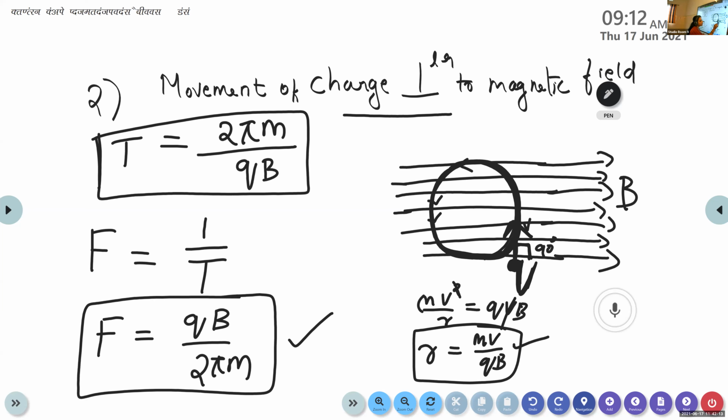Our charged particle q undergoes a deflection. Due to the force exerted by the magnetic field on the charged particle, it undergoes a deflection. Due to this deflection, our charged particle follows a circular path. Is it clear now? Yes, ma'am. Okay. Is there any other doubt?